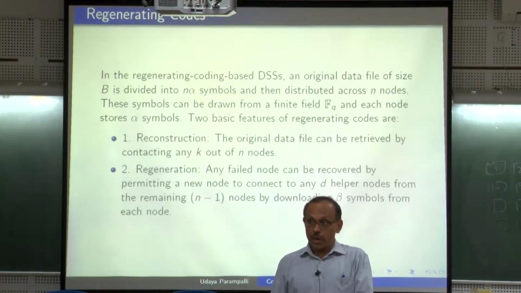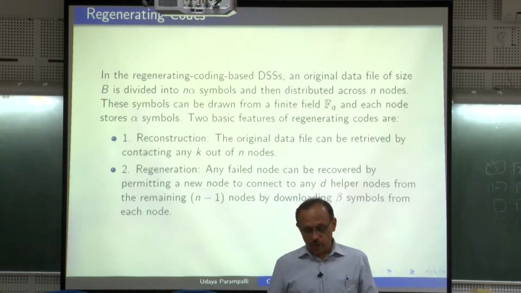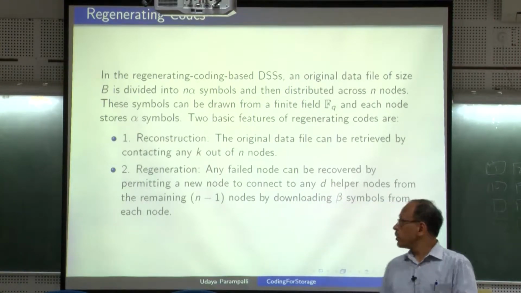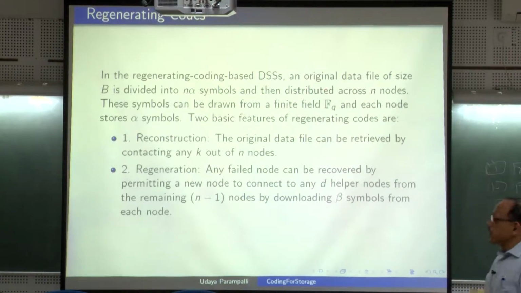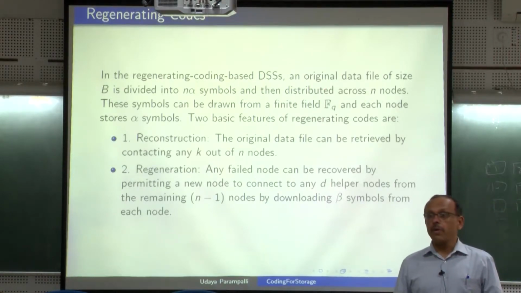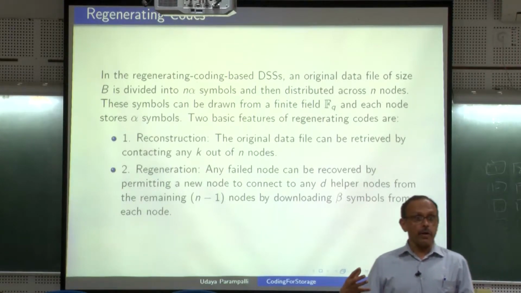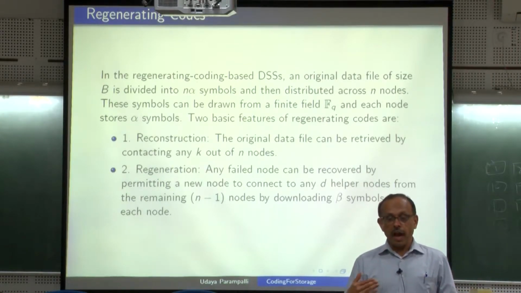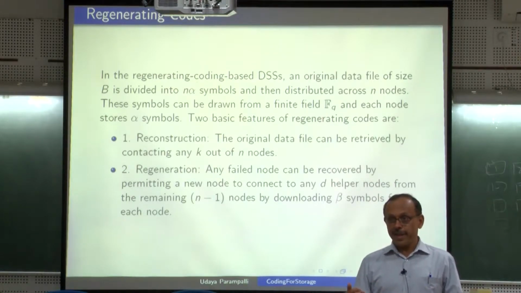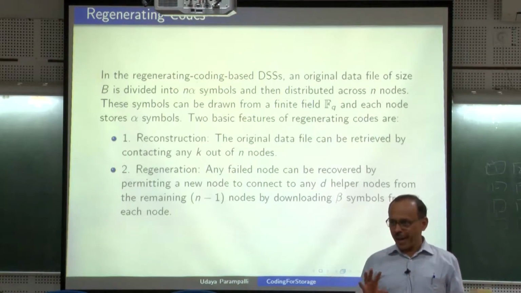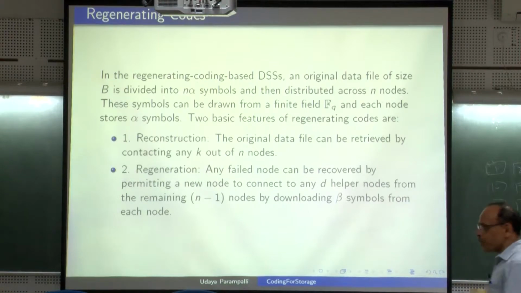In the storage context, we introduced what you store in a particular node, and for repair what you download from a particular node. So the idea of alpha and beta, the two parameters. Probably everybody is aware of it, but let us go through it more clearly.